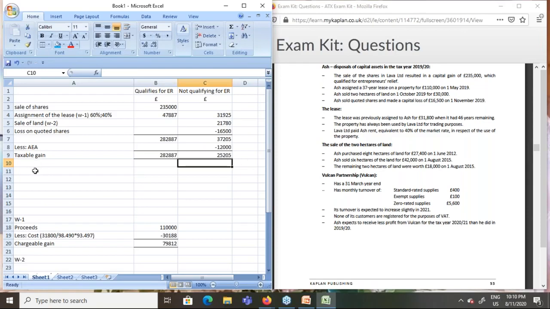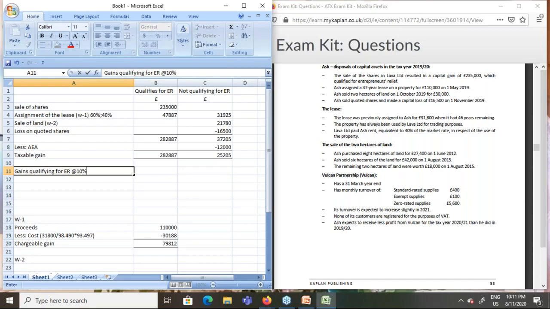And when you're calculating CGT liability, remember, you need to first calculate the CGT liability on the gains qualifying for ER. On top of that only, you need to calculate the CGT liability on the gains not qualifying for ER. So first, on gains qualifying for ER, that is at the rate of 10%.